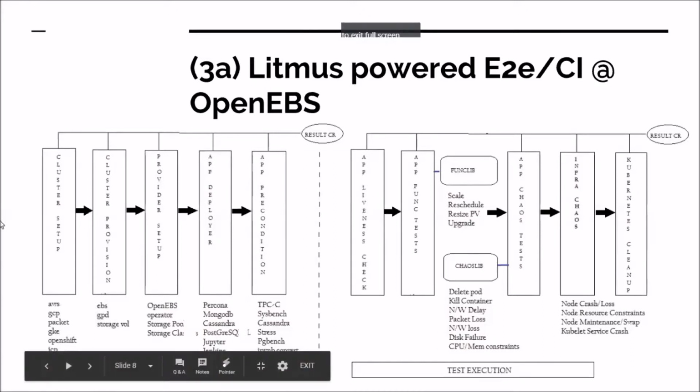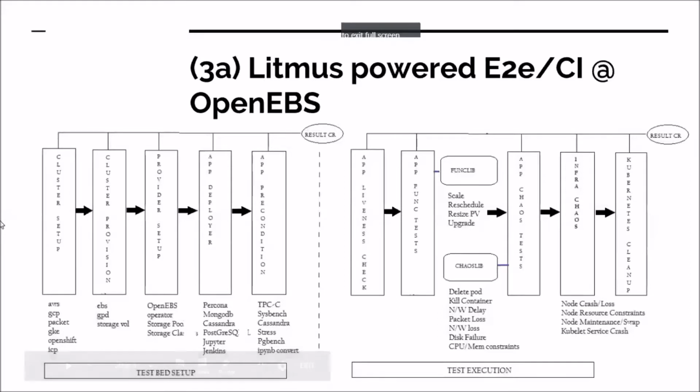The stage will generally involve attachment of the disks and format and mount of the file systems if necessary. As you are aware, OpenEBS has storage engines, namely Jiva and CStore. While one consumes mounted file systems, the other consumes raw disks. So the appropriate conditioning of the cluster will be done in this step. The next step is using the litmus books for provider installs.